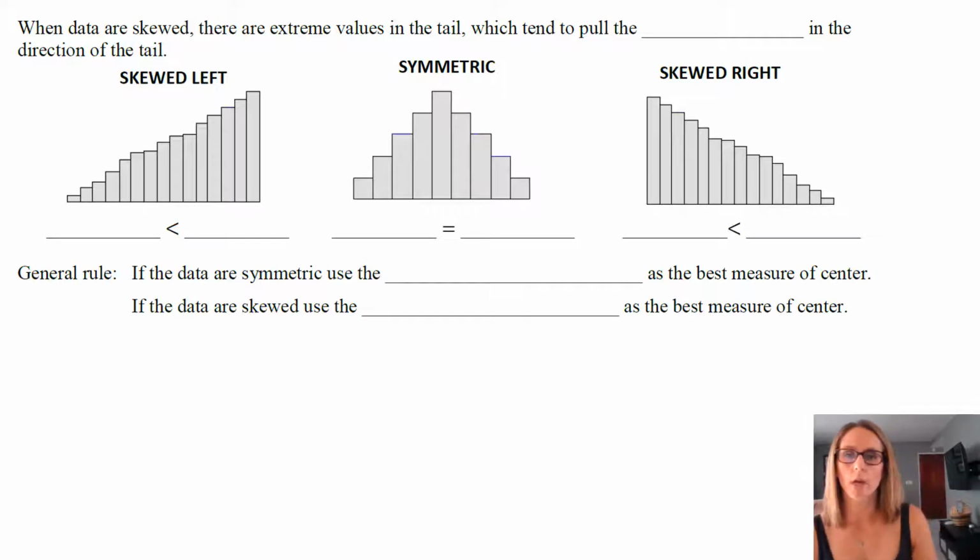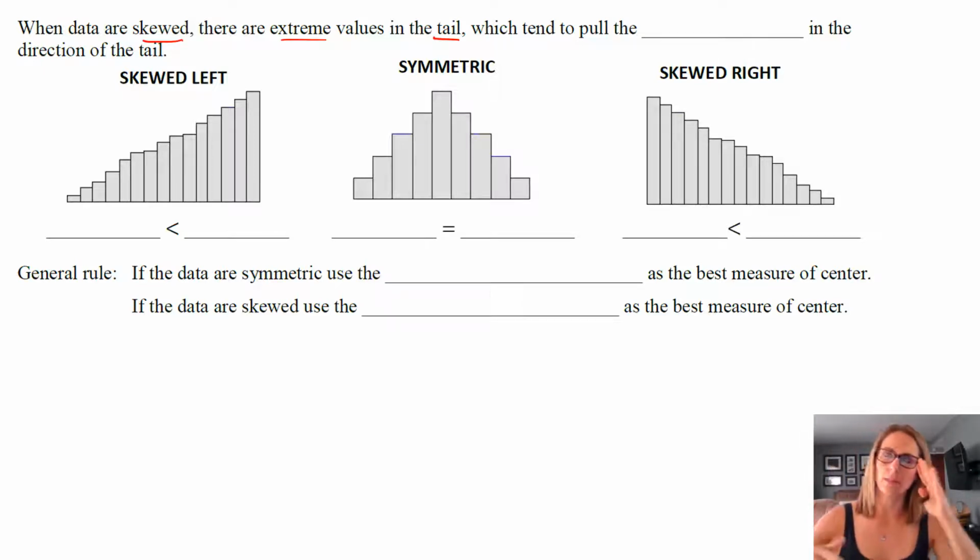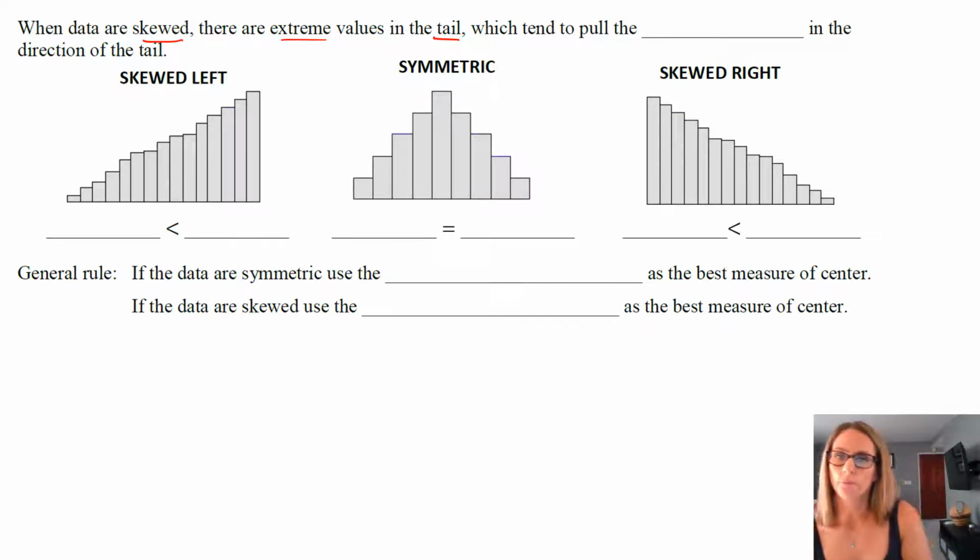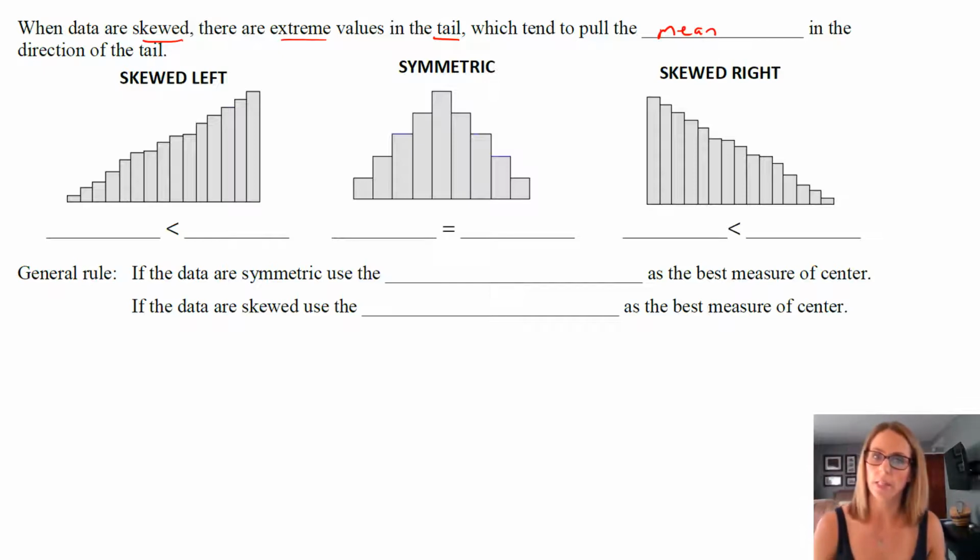So we have a couple different histograms here. When data is skewed, that means there are extreme values in the tail of the distribution. When you have a really, really large value, or possibly a really, really small value, like we just saw, it pulls the mean in the direction of the tail.